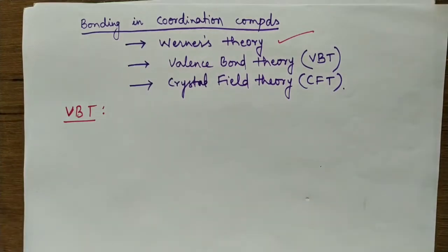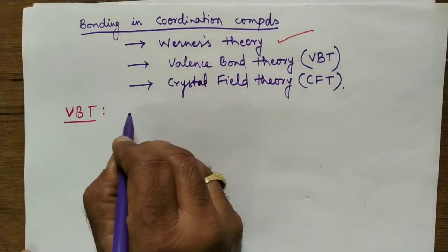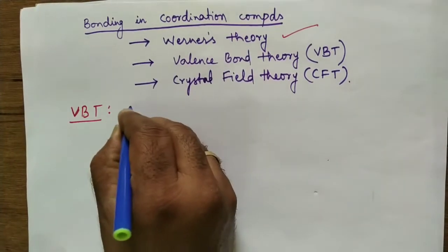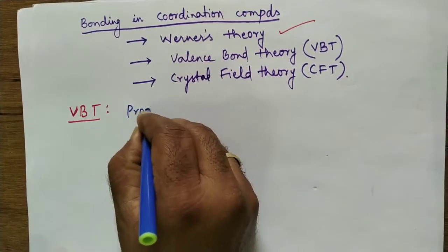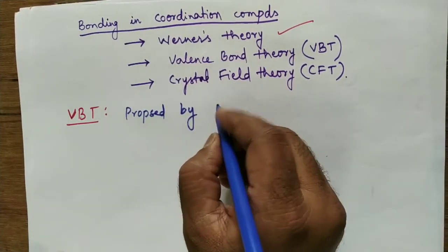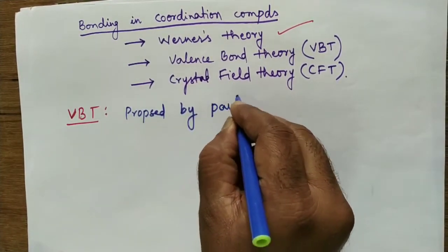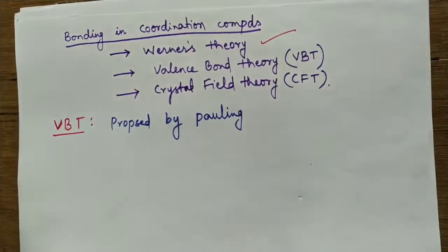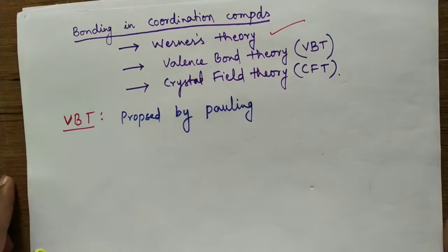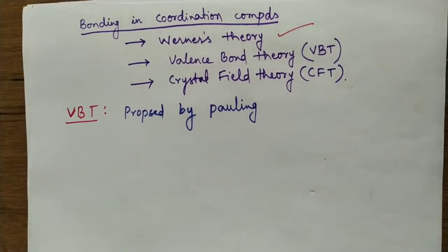VBT was proposed by Linus Pauling. So, what are the postulates of VBT?